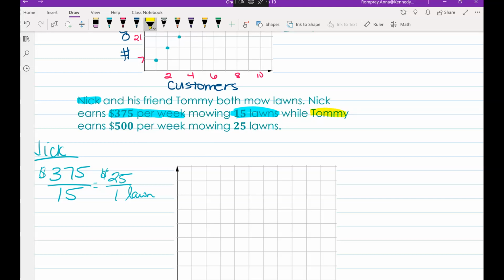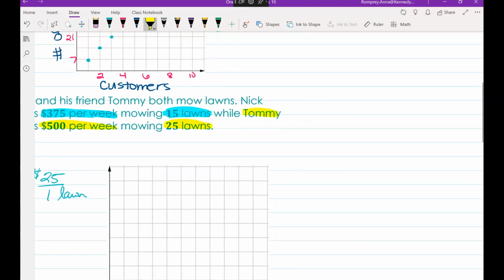So Tommy earns $500 a week for 25 lawns, and that divides nicely.